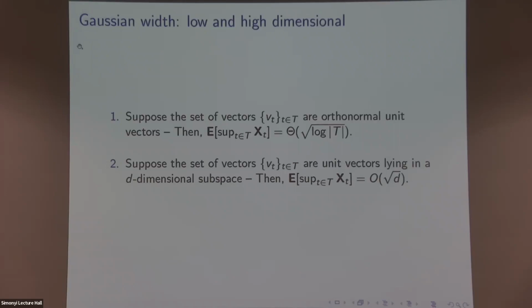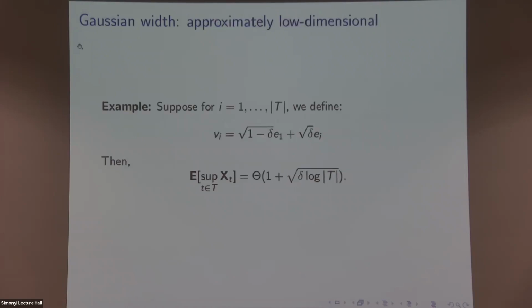But the correspondence between the dimension of the underlying set of vectors and the expected sup is not extremely obvious. Maybe take an interpolating example, where the set of vectors is approximately low dimensional. So let's say I again have t vectors. All of them have a huge component along e1, and they have a square root of delta fluctuation along an orthogonal direction. So they're approximately one-dimensional.